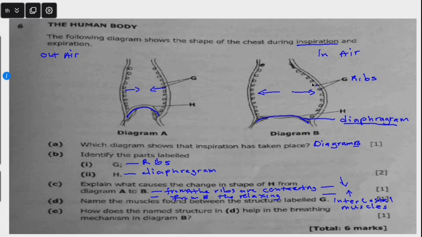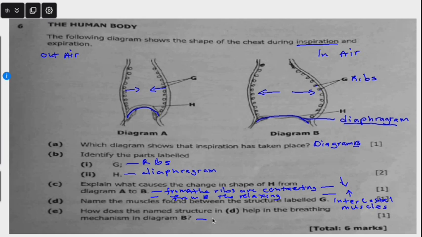What usually happens to these muscles? During inspiration, these intercostal muscles are going to contract, and they are going to help in breathing. Once they contract, the rib cage is going to move up and the diaphragm is going to relax. So that is what usually happens.